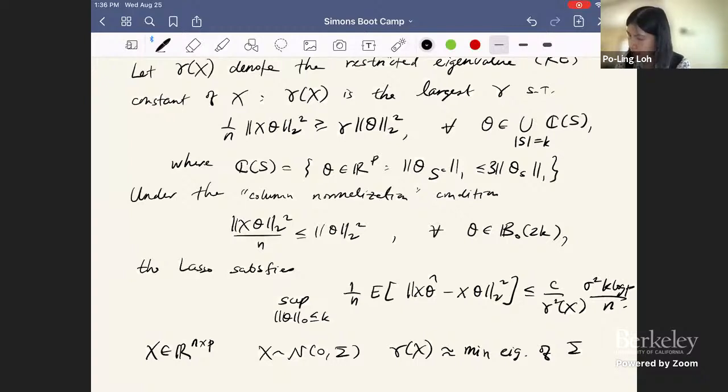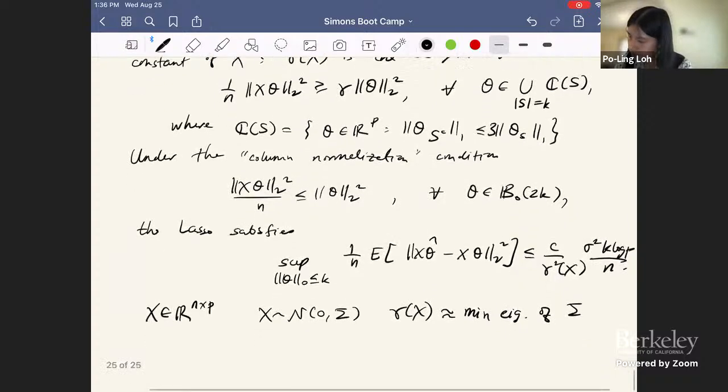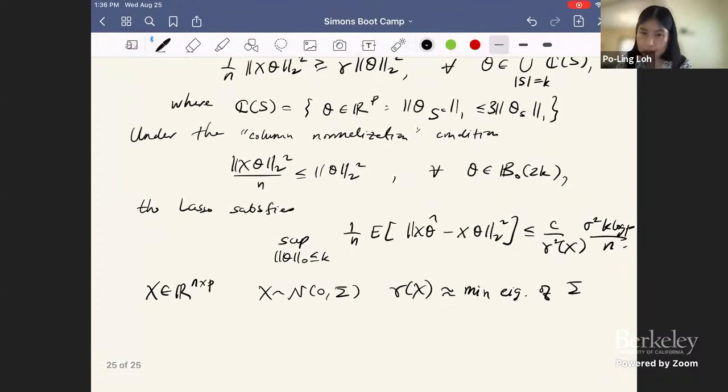And you can make the minimum eigenvalue of Sigma get smaller and smaller as the problem grows. Okay, so the question that we want to ask is, do computationally tractable estimators exist?